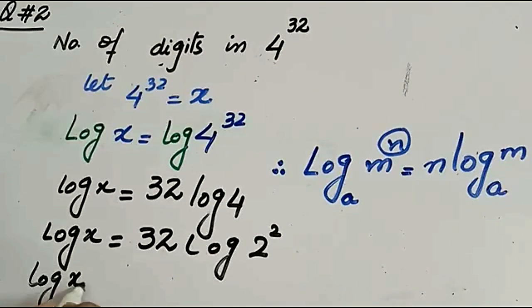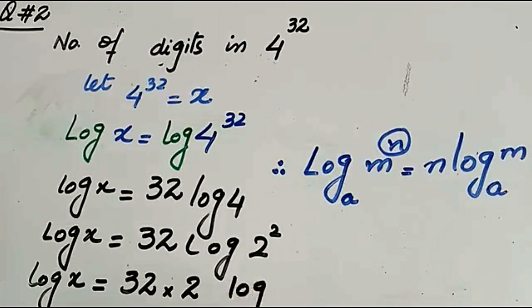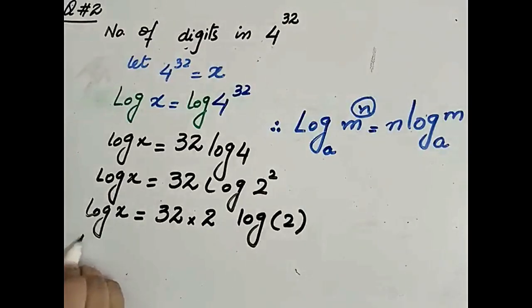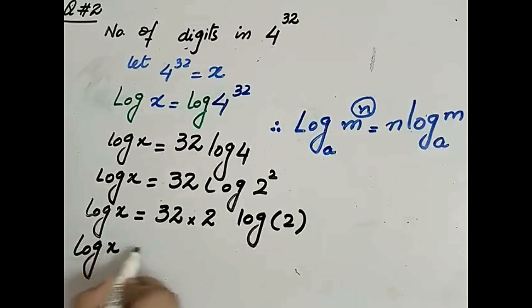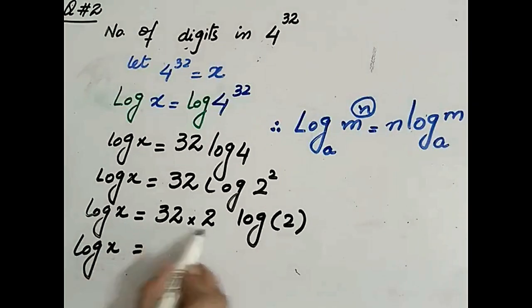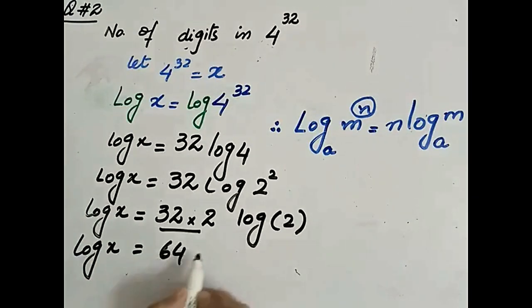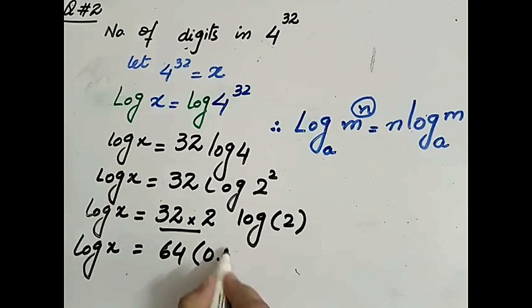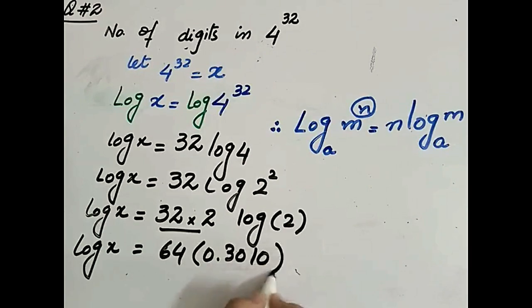So log x is equal to 32 into 2 log of 2. Log x is equal to 32 2s are 64 and log 2 is 0.3010.